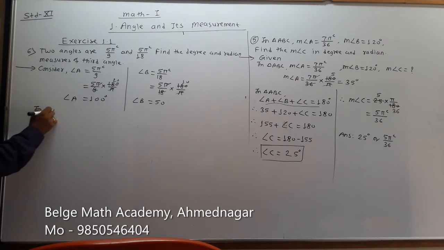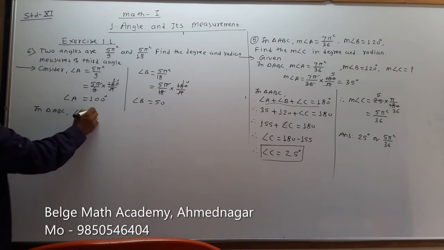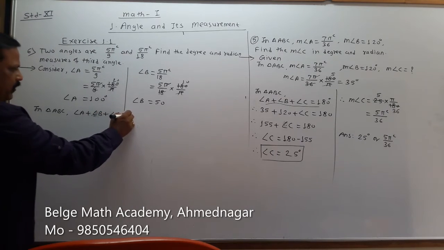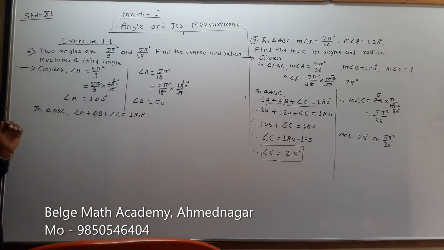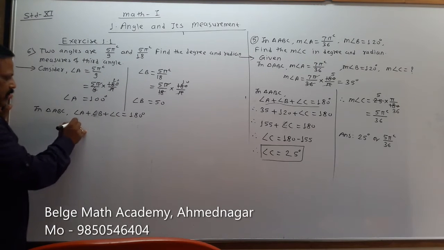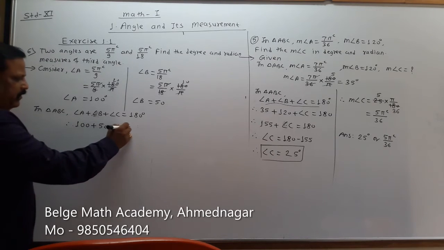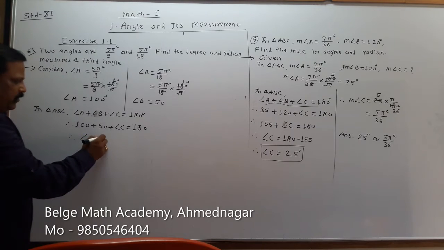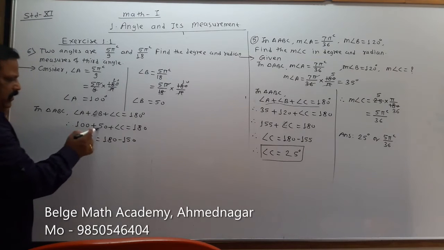Now in triangle ABC, angle A plus angle B plus angle C equals 180 degrees. We know this property, which is similar to the previous example. So angle A is 100, angle B is 50. To calculate angle C, angle C equals 180 minus 150. That is simple, 100 plus 50 is 150.